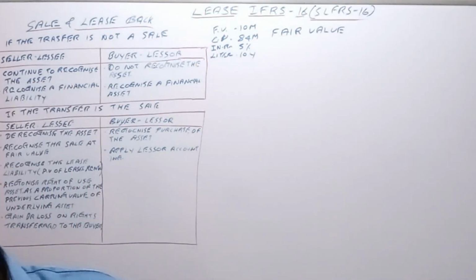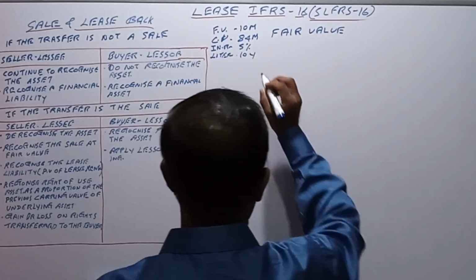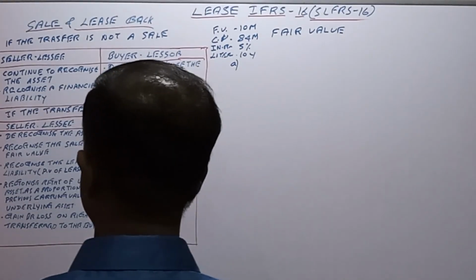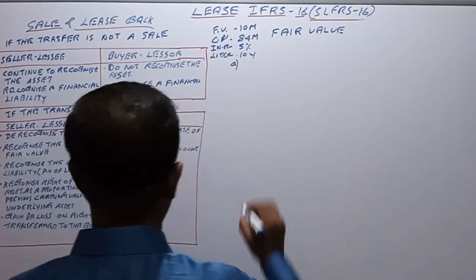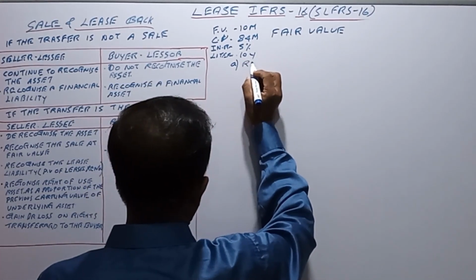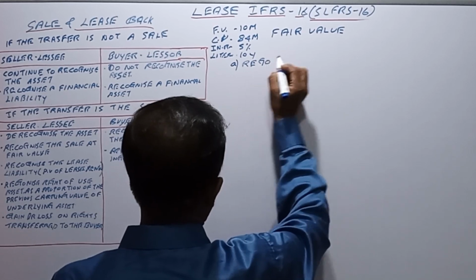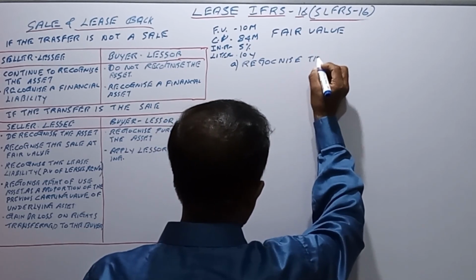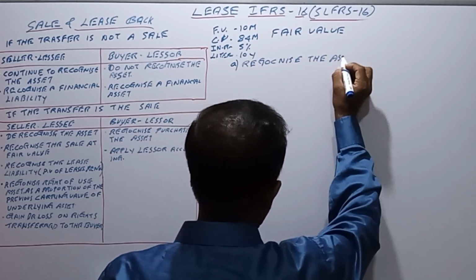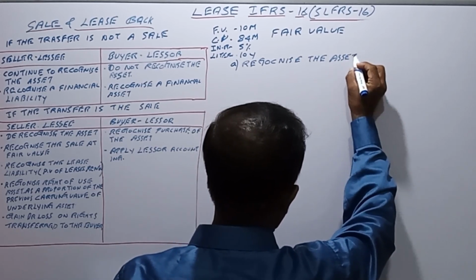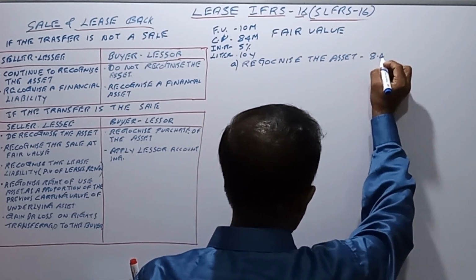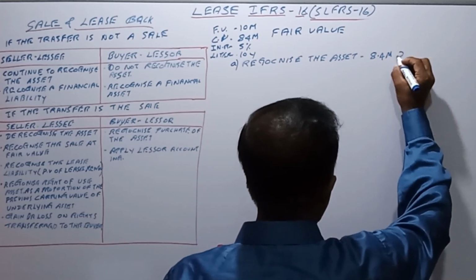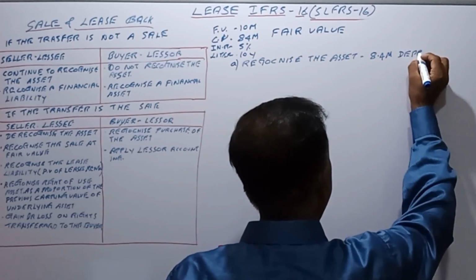Under A, you will recognize the asset on 8.4 million and depreciate it.